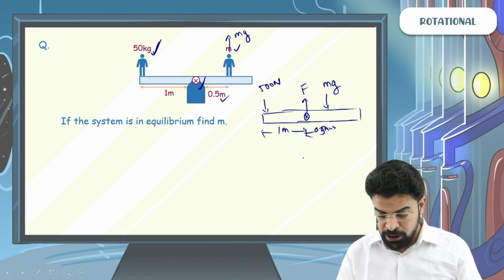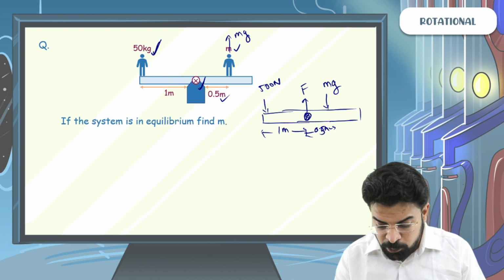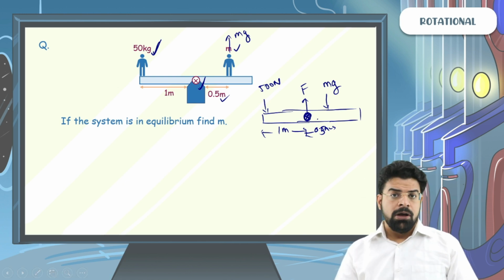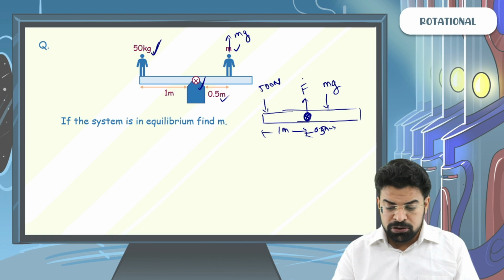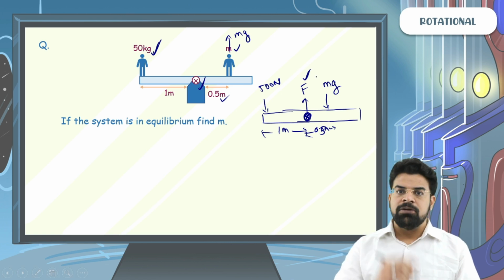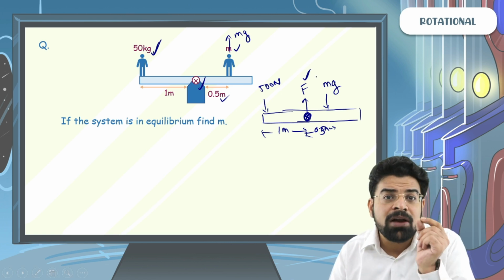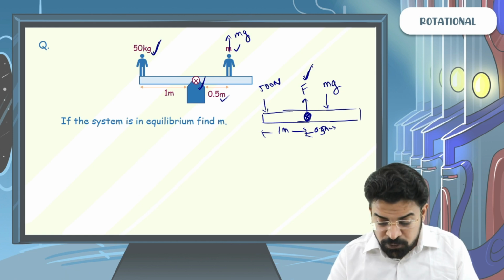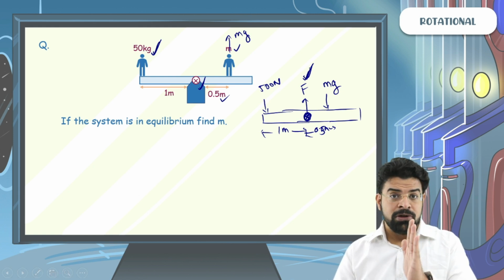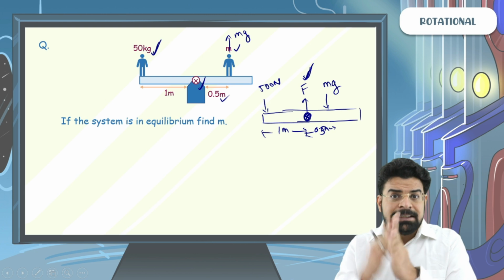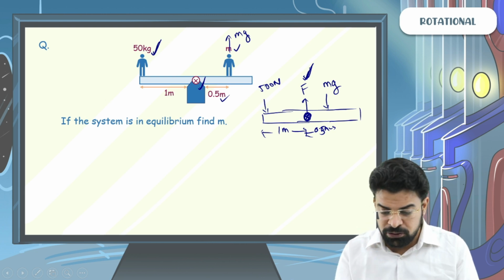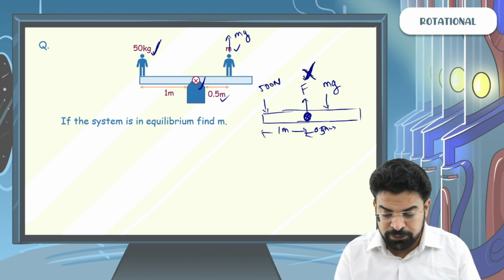About any point. If we look about the point of suspension, there will be no torque because of this force on the suspension. Why? Torque is R cross F, and for this force F, R is 0. It passes through the same point. So since R is 0, the torque of this force F is 0.